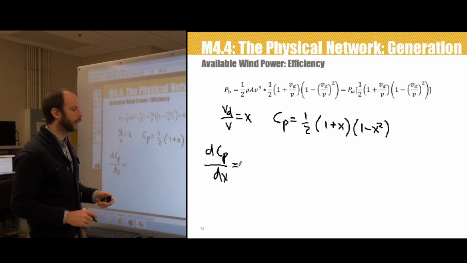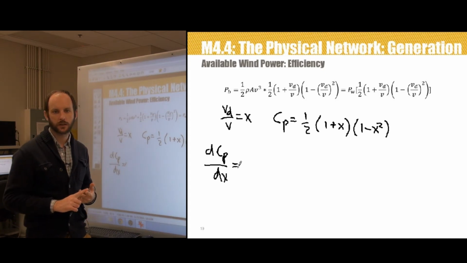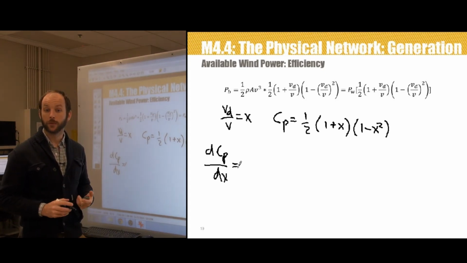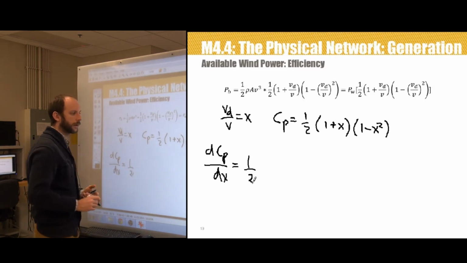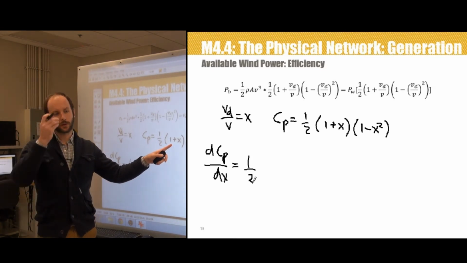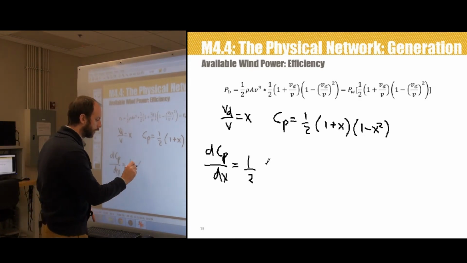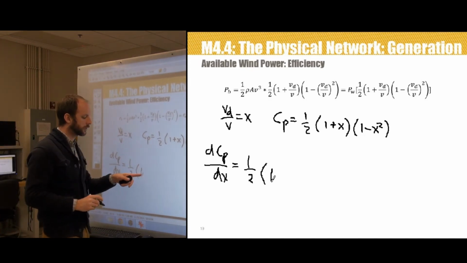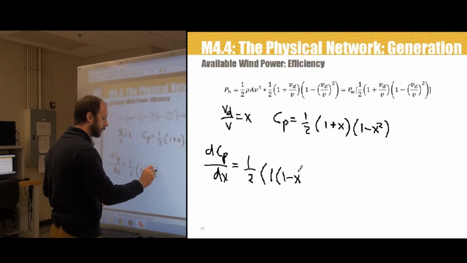Remember the product rule: the derivative of the first times the second, plus the derivative of the second times the first. So we pull out the constant as our first action, so 1/2. Now we need to take the derivative of 1 plus x with respect to x. That is just 1, times the second, which is (1 minus x) squared.